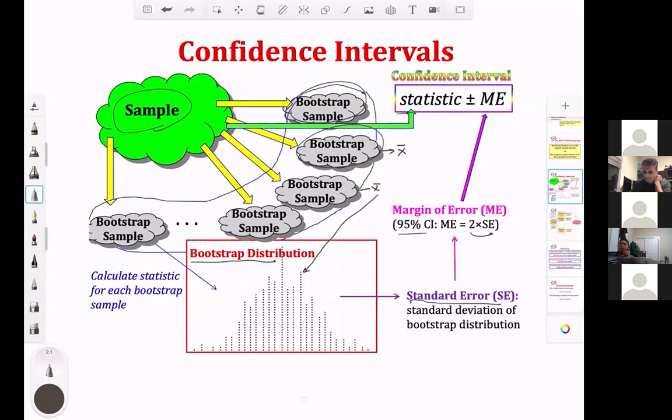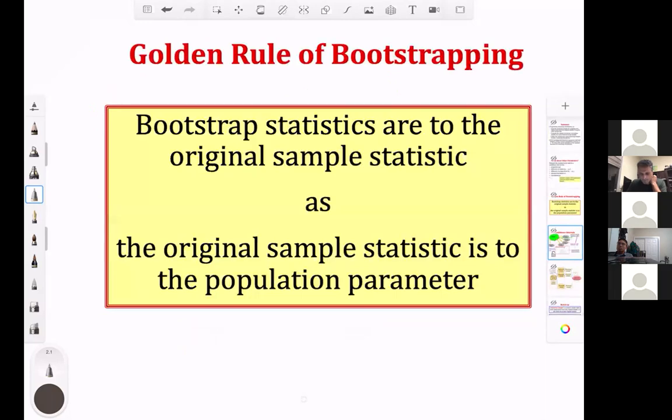And statistic plus minus margin of error. Golden rule of bootstrapping: bootstrap statistics are to the original sample statistic.